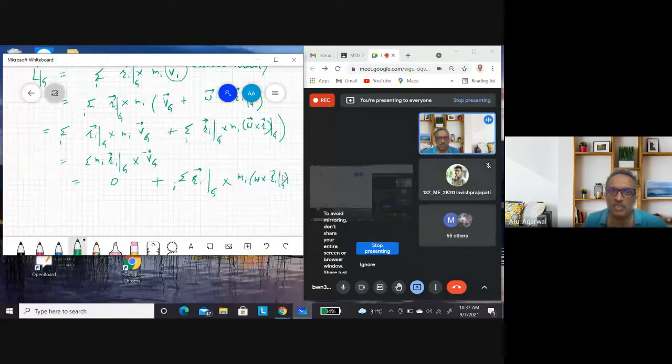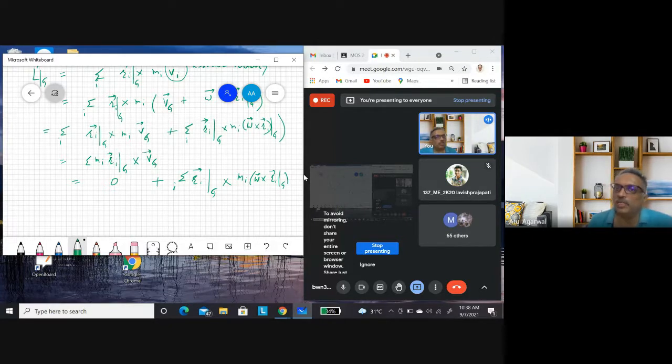So this summation is over all the particles. How you can go about it? One simple way of going about it: I had done it in one way for kinetic energy. There the triple product was converted into some simpler terms. At that time I had used a tensorial approach. This time I will use a simpler approach so that everybody follows.